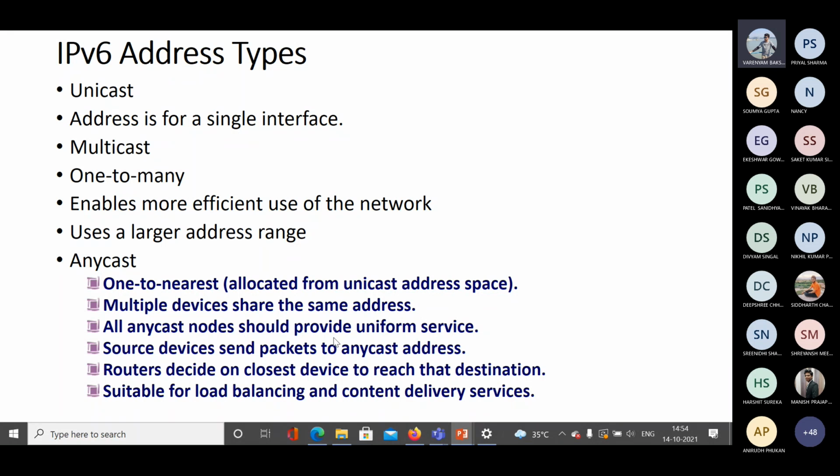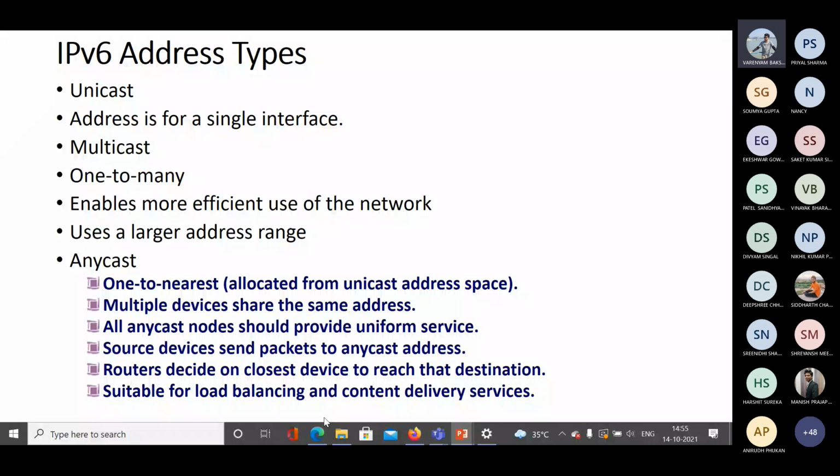All anycast nodes should provide uniform service. Of course, if you are sending data to the nearest device and multiple devices are sharing the same address, then it is easier to provide uniform service. Source devices send packets to the anycast address, and routers decide on the closest device to reach the destination.